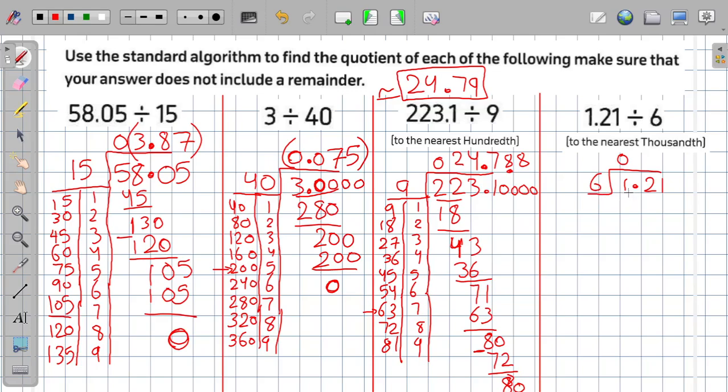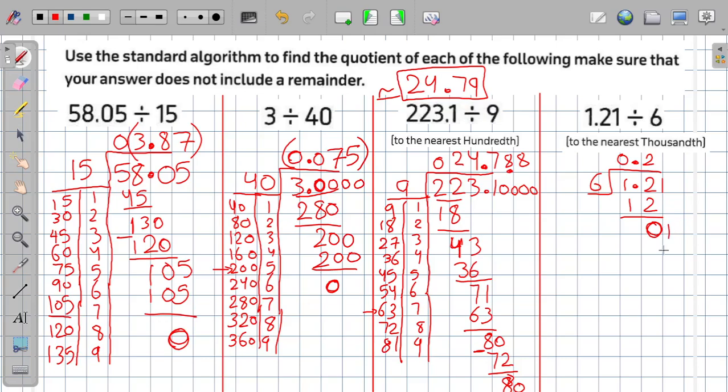So next, I have the decimal point. So I will put the decimal point first and I will take the next digits. So I have 1 and 2. It will be 12. 12 divided by 6 equals what? I think 12 is in the timetable of 6. So 12 divided by 6 equals 2 and the remainder will be 0.